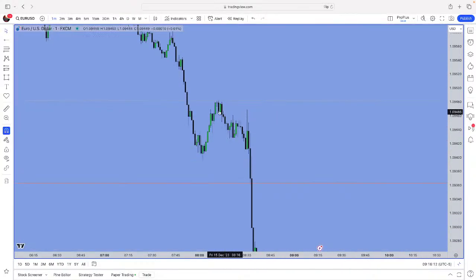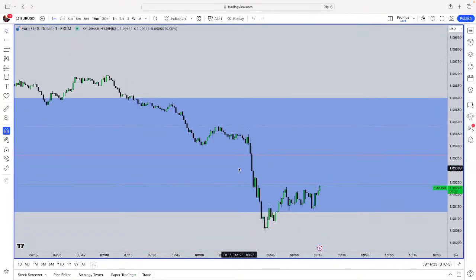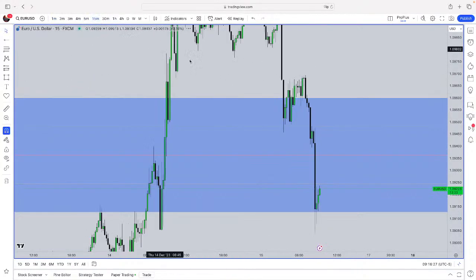Even on the 1 minute, look how to the T, them two candles here, it reacts off it really nicely. Bounces off there, pulls up, drops lower. So definitely have the quadrants on the higher time frames. That's a game changer for me.